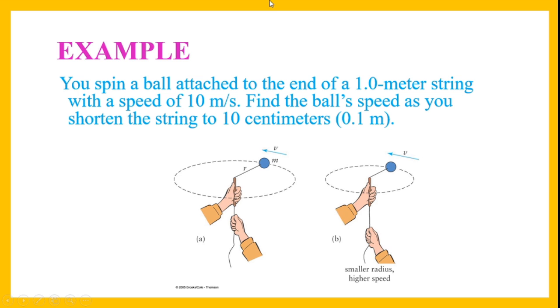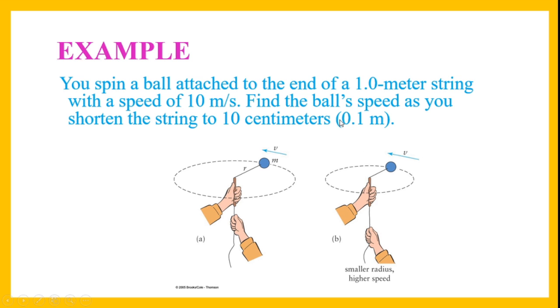Next, one more example let us see. With a problem, you are spinning a ball attached to the end of a 1 meter string with a speed of 10 meters per second, say. Find the ball speed as you shorten the string to 10 centimeters, that is 0.1 meter.